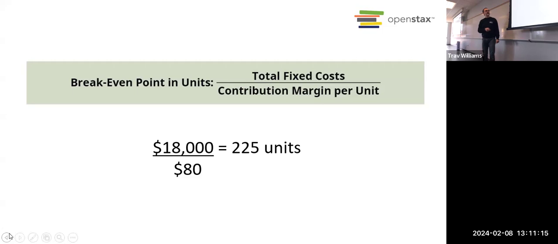Now, as I mentioned, we can figure out break-even point in dollars using the contribution margin ratio, but I also told you there's another way that's easier. So if we know we need 225 units to break even, how could we figure out what that is in sales revenue? Would be a shortcut.